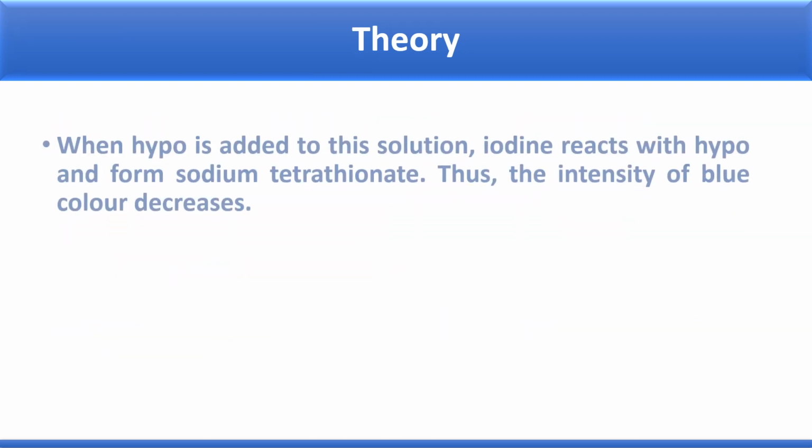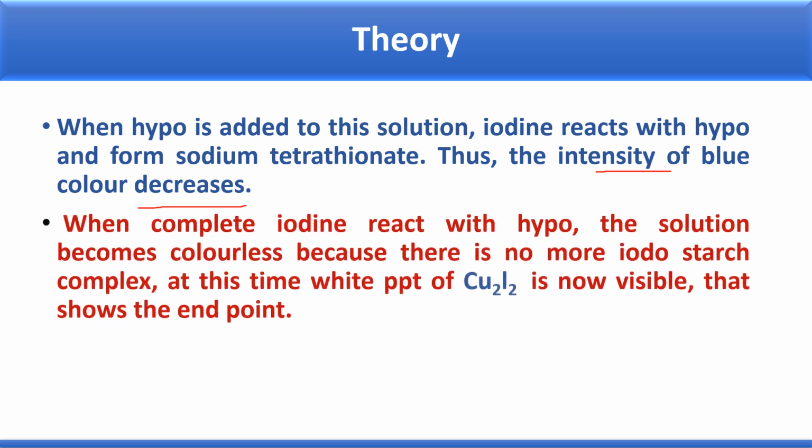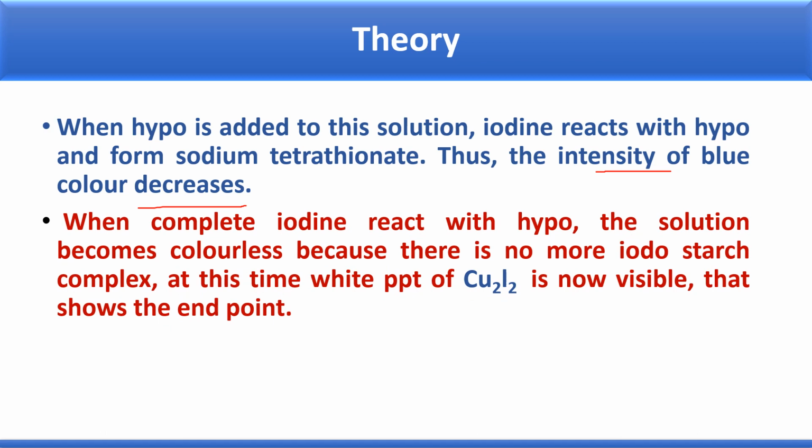So basically, when hypo is added to the solution in which iodine is liberated by the reaction of copper sulfate and potassium iodide, this iodine reacts with hypo and forms sodium tetrathionate. Thus, as I already told you, the intensity of the blue color decreases because iodine is continuously consumed and the iodo-starch complex breaks.